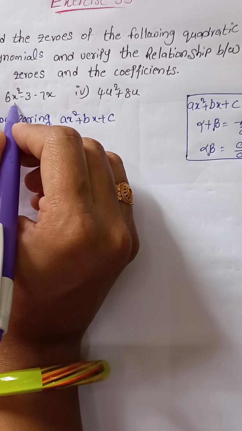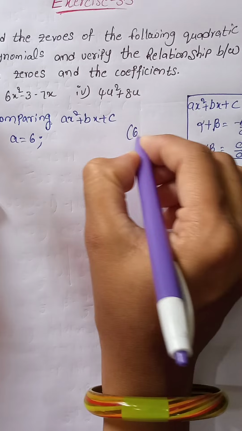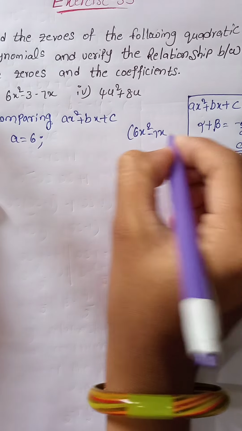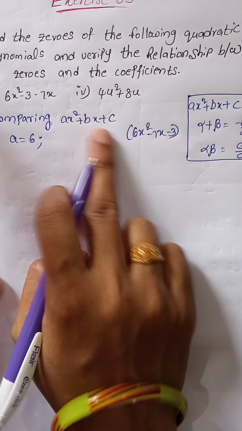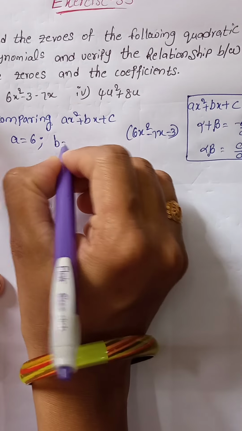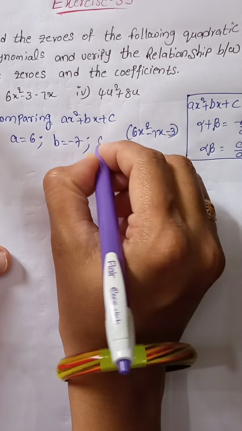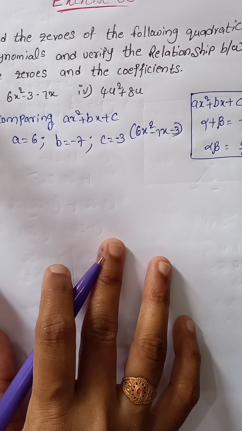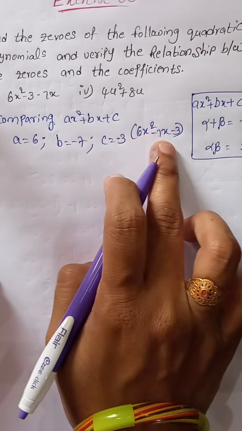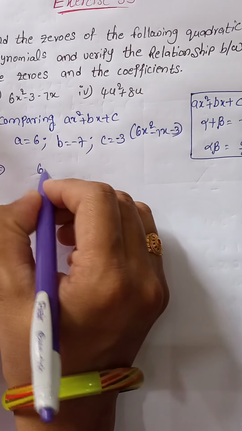Here see, the given polynomial is not in order. Let me write in order first: 6x square minus 7x minus 3. Now what is the coefficient of x? b is minus 7, and next the constant value, that is c equal to minus 3. So what is the first step? We need to find the zeros of this given polynomial.